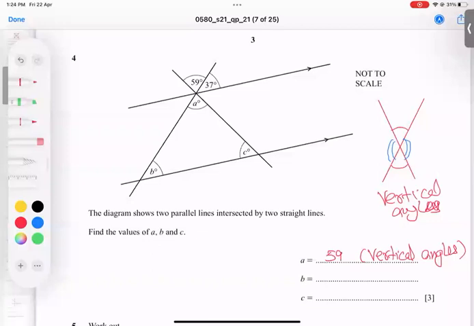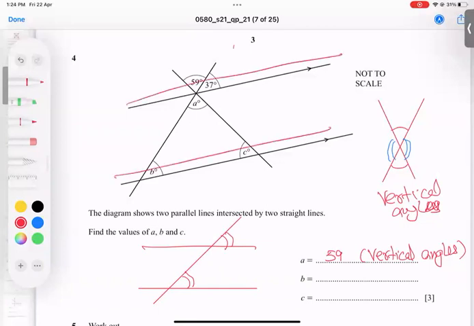For example, when two lines are parallel to each other, for example this line and this line, and whenever a line cuts them, this angle and this angle are called corresponding positions. So if this line is parallel and a line cuts, these angles are corresponding. Here A is here, this is 37, this is 37, this is B. So we can say directly that B is equal to 37.